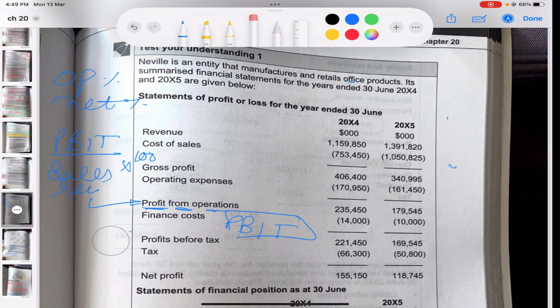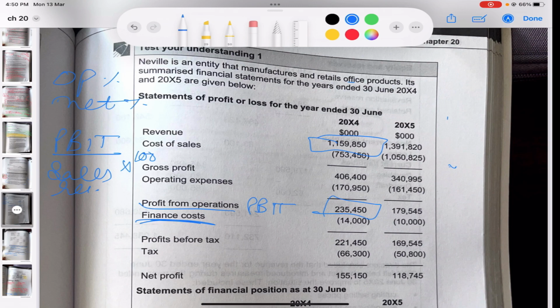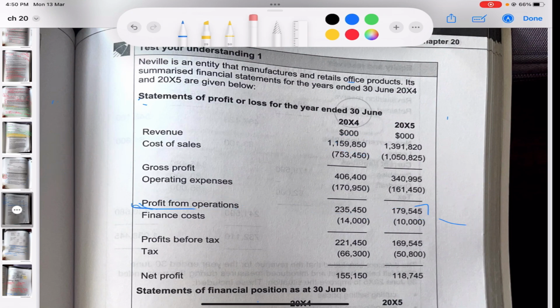So we are not considering that. PBIT, which is the profit before interest and tax, profit from operations upon sales revenue multiplied by 100. Same thing over here. So you will get some 20.3 this side and you will get some 12.9% this side. Operating profit, gross profit is done.